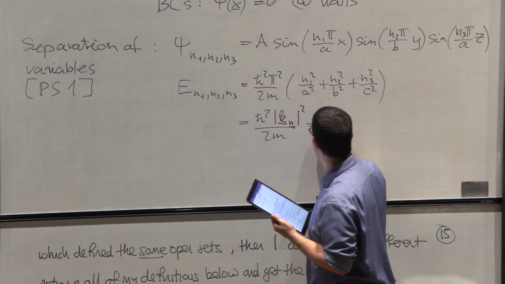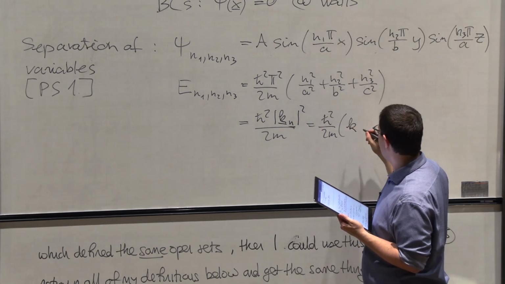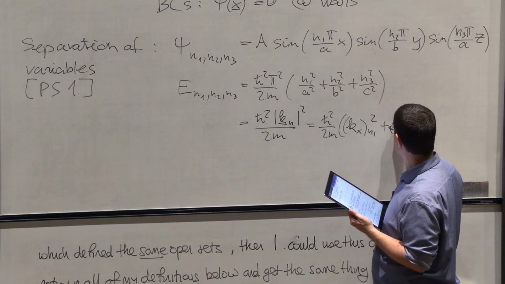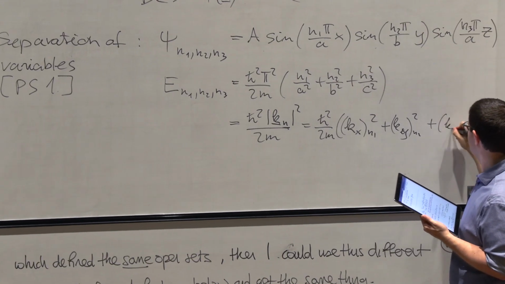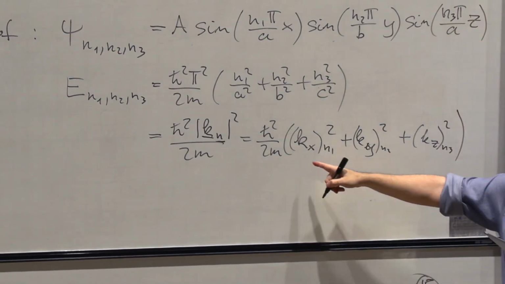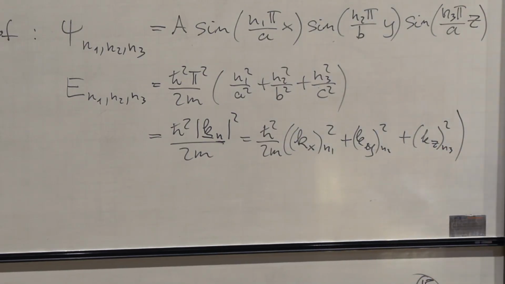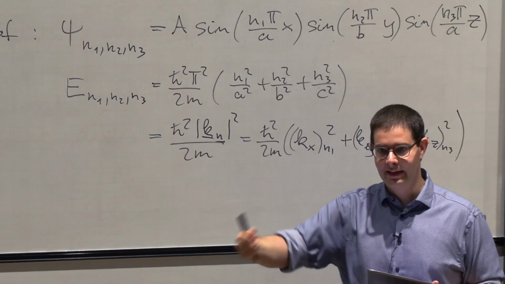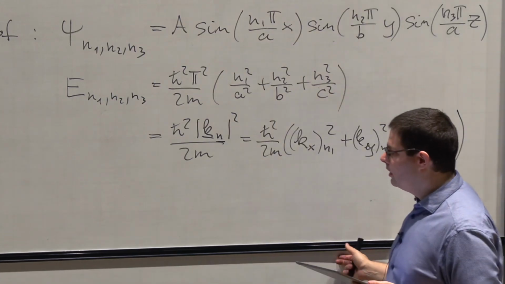If we write this out, this is h bar squared over 2m times kx squared plus ky squared plus kz squared, and these k's are what you find in the argument of the sine. Just like in dynamics, you are familiar with the three-dimensional motion on the plane, you can get the energy by adding up the squares of each momentum component. Okay.